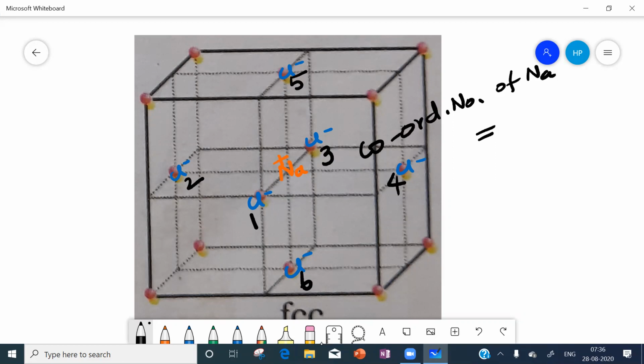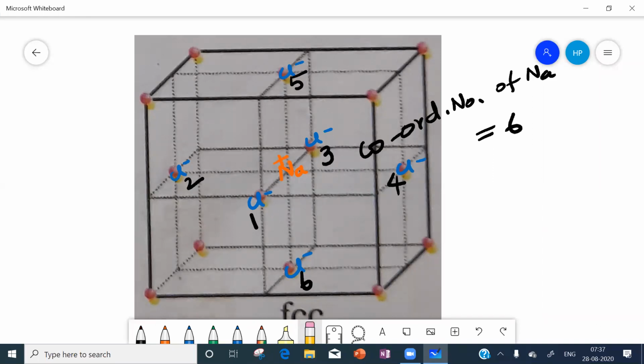This Na plus is in contact with 6 Cl minus ions. Therefore, coordination number of Na plus is 6, by taking Na plus at body center. Correct? Then we will see.